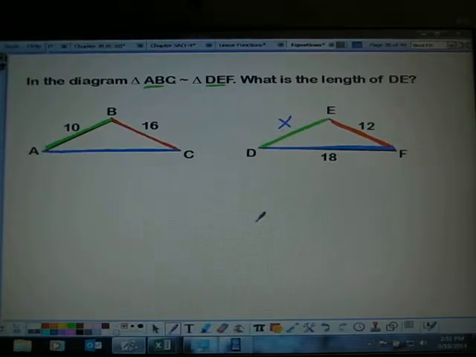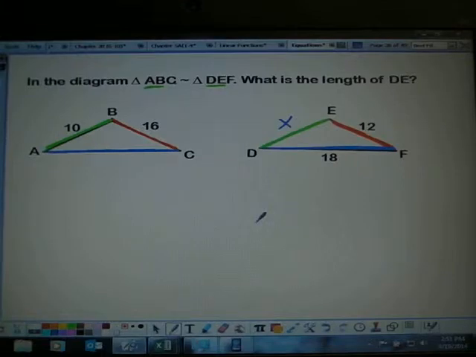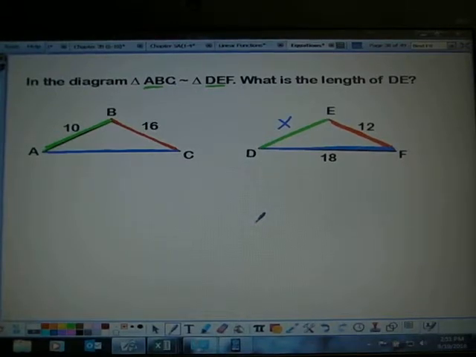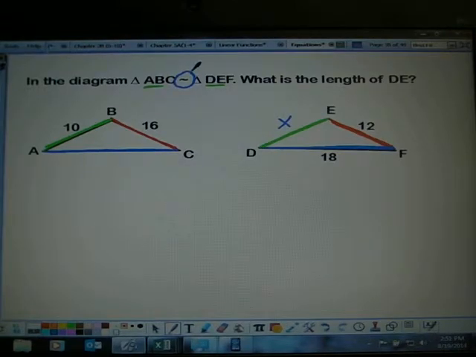We're going to use the things that are green and the things that are red because they both have some, but the blues actually don't even matter. We only need two sides, whether it's a triangle, a square, a rectangle, a pentagon, an octagon, it doesn't matter. You need two sides to be able to figure this out. So as soon as you know they're similar and you have two sides that match up, you can solve it.